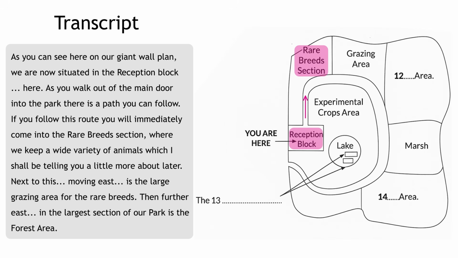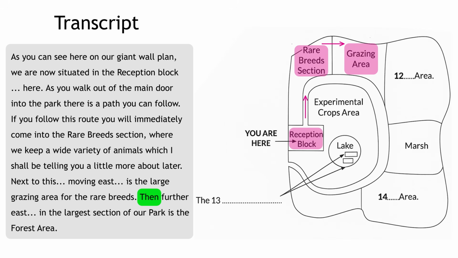So beware of this. "Section, where we keep a wide variety of animals, which I shall be telling you a little more about later. Next to this is the large grazing area for the rare breeds. Then further east, in the largest section of our park, is the forest area." So when you hear "then," you're definitely sure that this is the answer for question number 12.